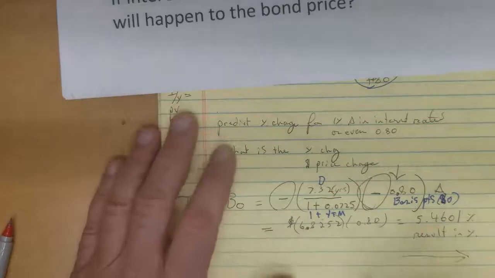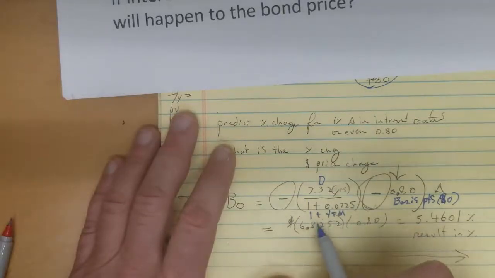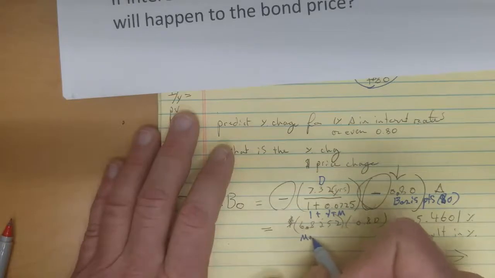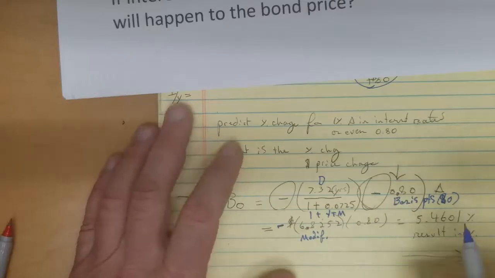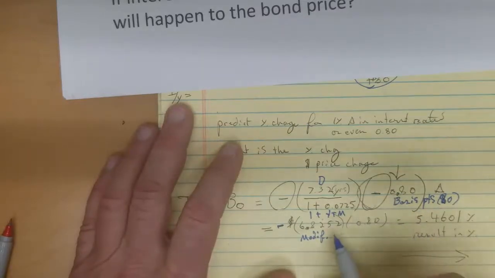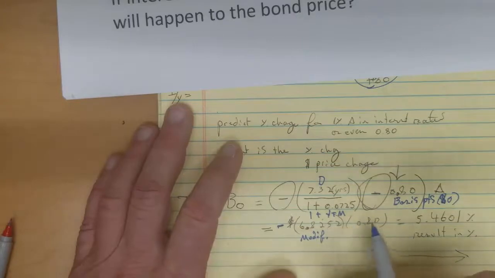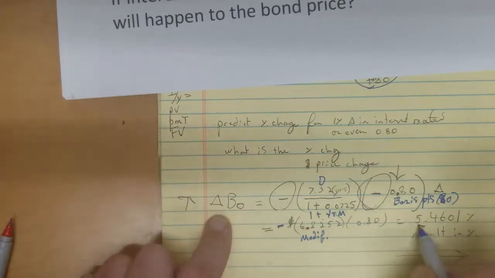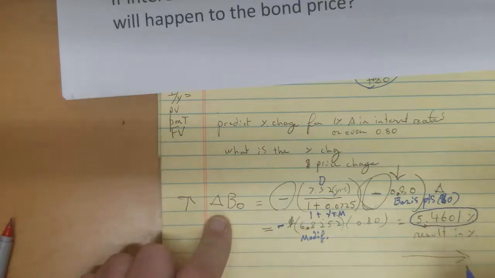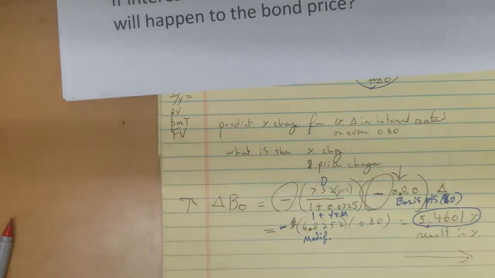So when I calculate this for the modified duration, there's a negative out here, and when we take it all together, it's a negative times a negative. I get 6.8252 times 80 basis points, or 0.80, which gives me a positive bond change, which means the bond price will go up by 5.4601%.